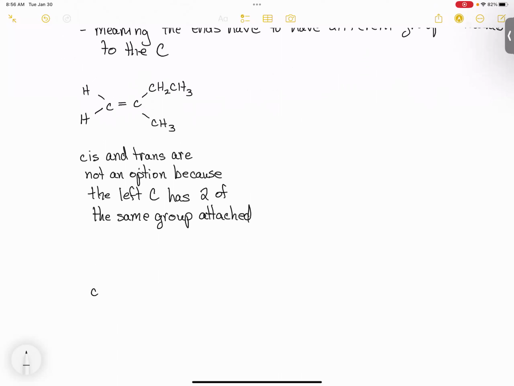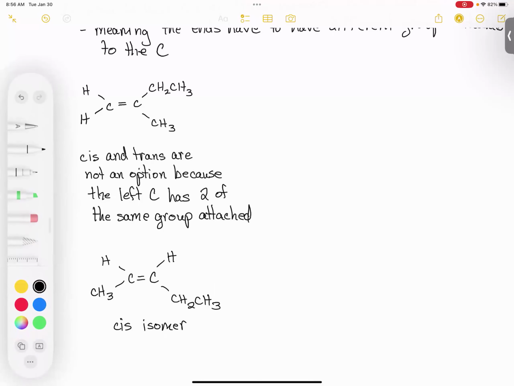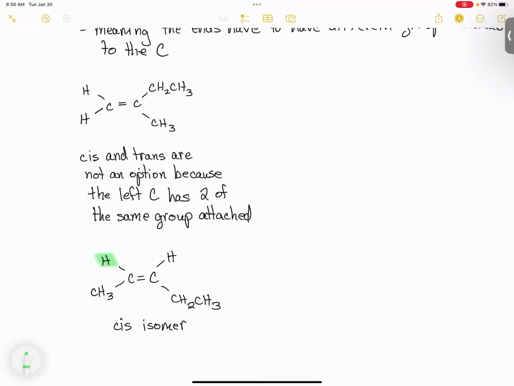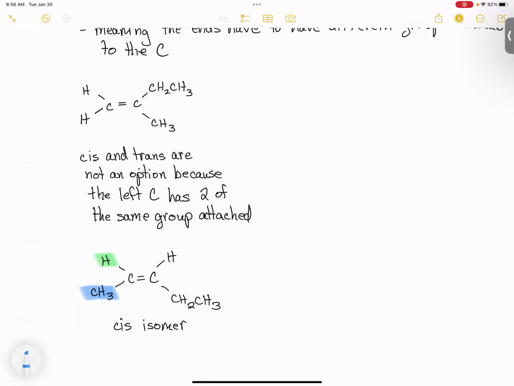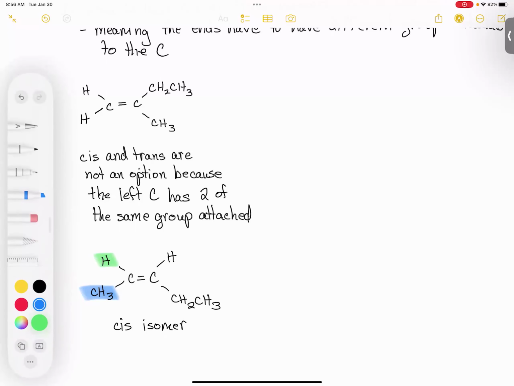But if this 5-carbon structure exists, this one is going to be the cis isomer, and the reason is because there are two different groups attached to both sides of the double bond.